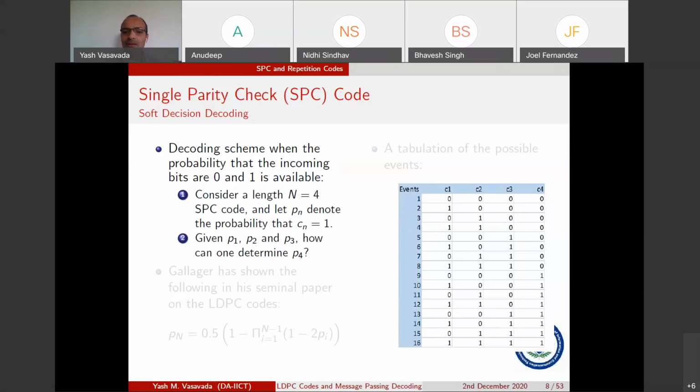Correct. So the probability of P4 equals 1 given P1, P2, P3 will be the probability of P4 equals 1 intersection P1, P2, P3, divided by the probability of P1, P2, P3. Yes. Assume that all these 16 events are equiprobable.